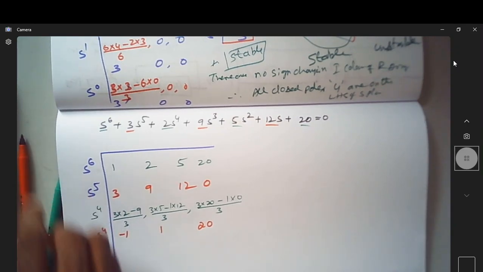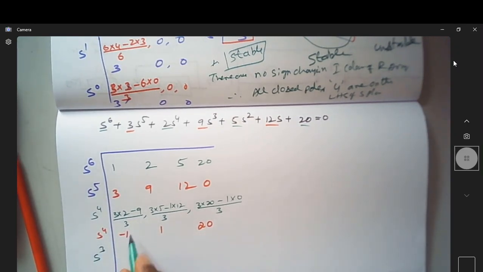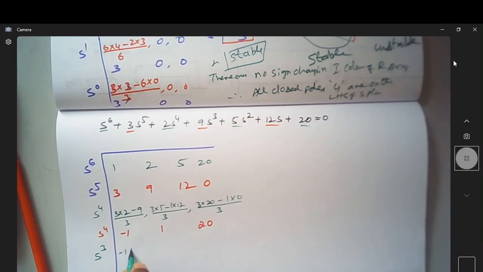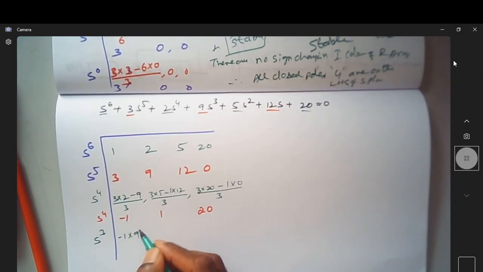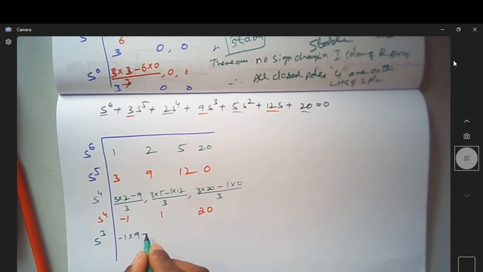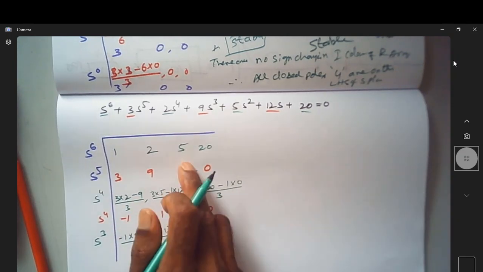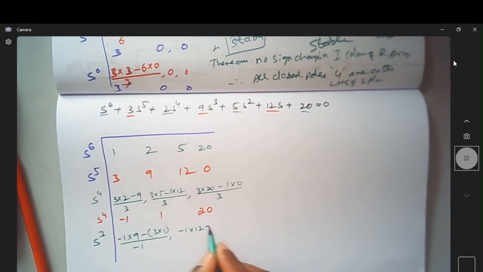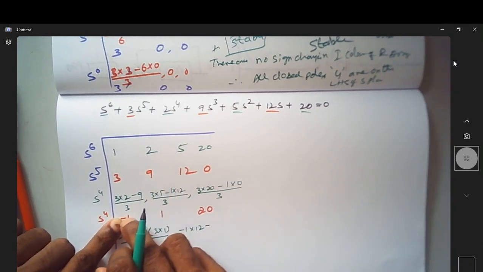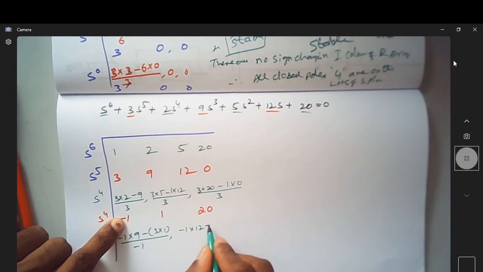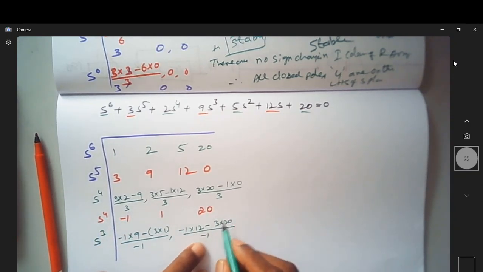For S power 3, let me write it. Minus of (3 into 1) by minus 1. Next it is minus of (minus 1 into 12) minus 3 into 20, by minus 1. This is the second term.